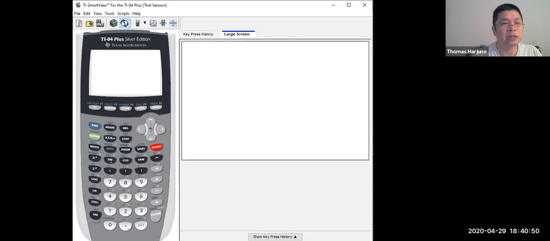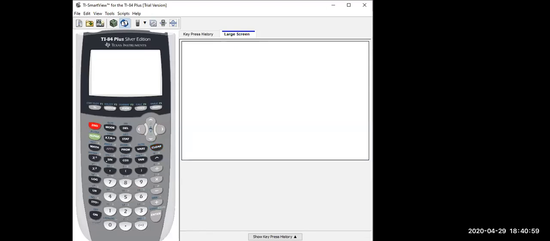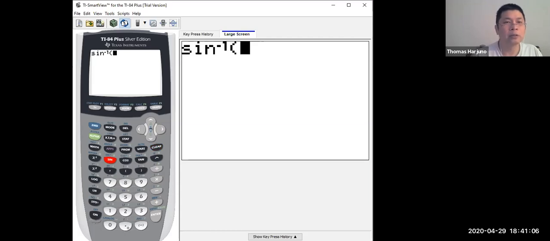So what is sine inverse of 0.6612? On your calculator, sine inverse is usually the second function of sine. Use your calculator and confirm. I put in 0.6612 and press enter.